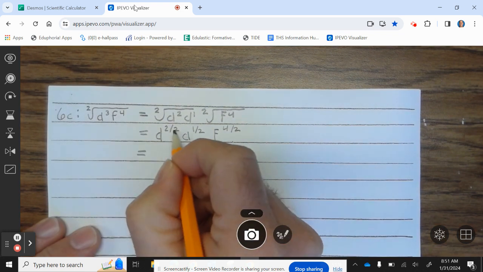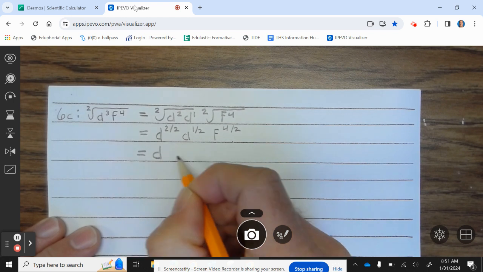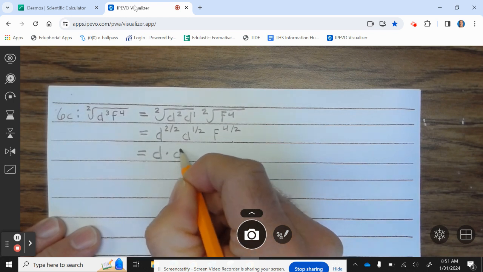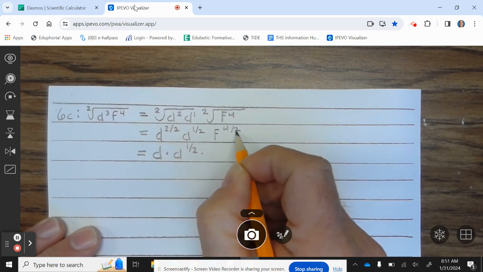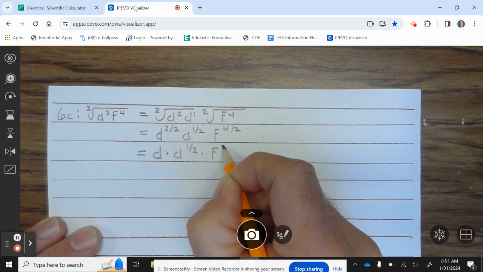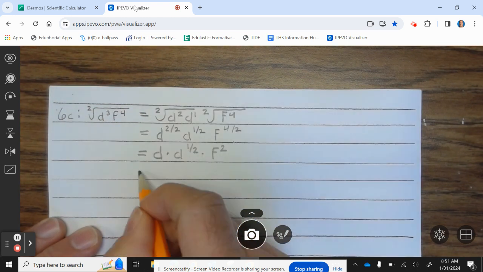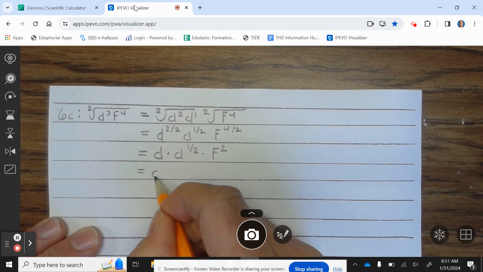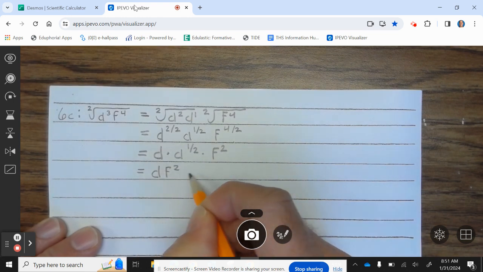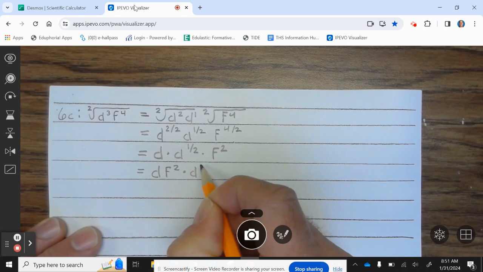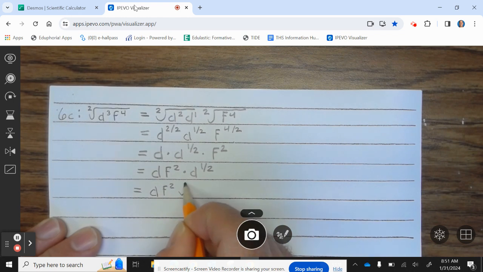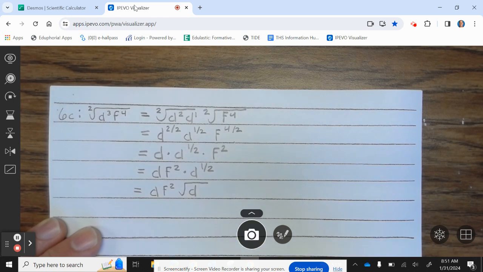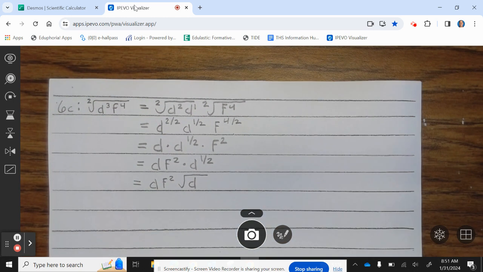So that d to the 2 divided by 2 is d to the 1, which is just d, times d to the 1/2, times f to the 4 divided by 2 is f squared. So this can be rewritten as d times f squared times d to the 1/2, which can be rewritten as the square root, so times the square root of d. All right, go ahead and finish up 6c.